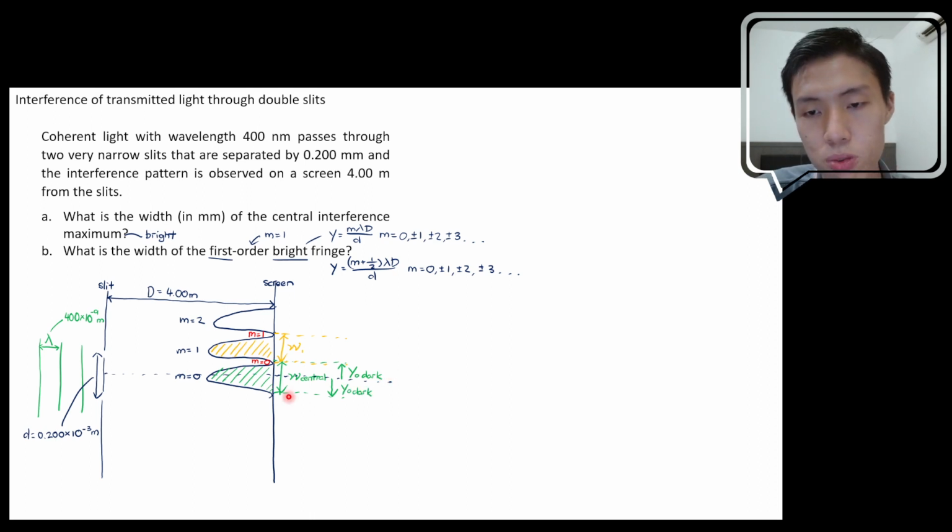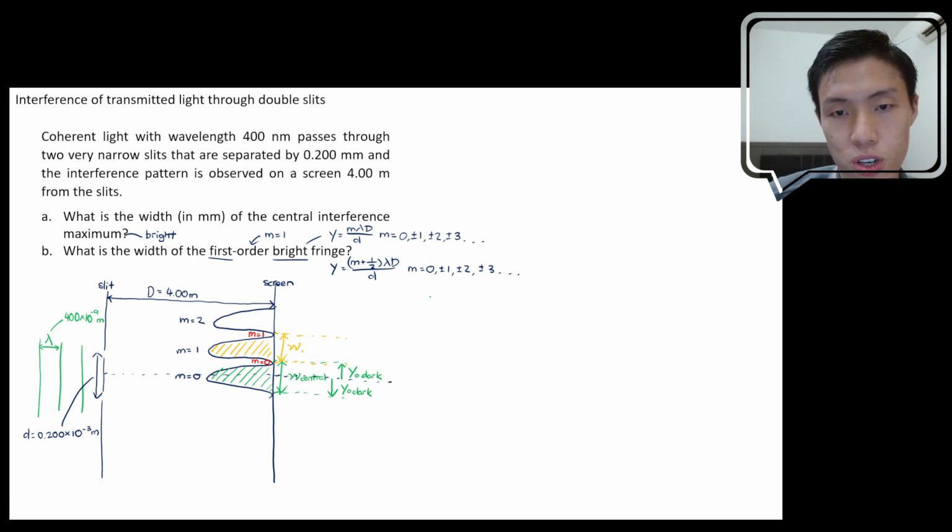So the width of the central is actually 2 times y0 dark. We can make an equation for question A: the width of central is just 2 times y0 dark.